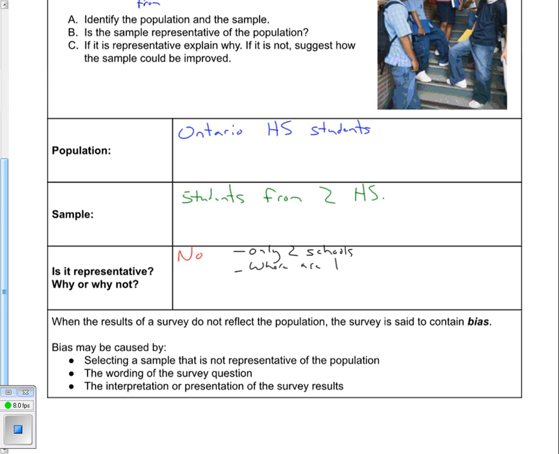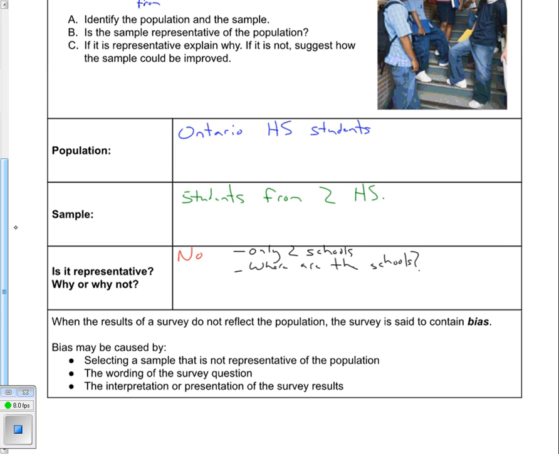So where are the schools? For example, musical choice from downtown Toronto is going to be different than musical choice from people in Thunder Bay, or from rural areas like Fergus. So it's not necessarily the best sample.